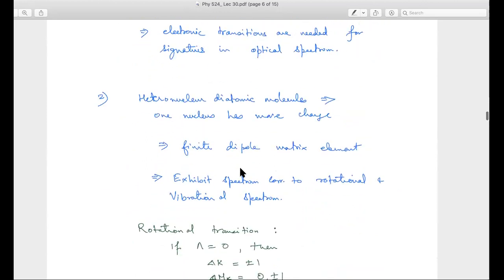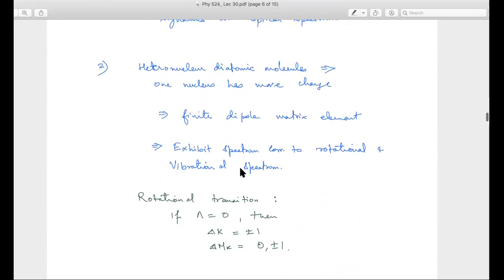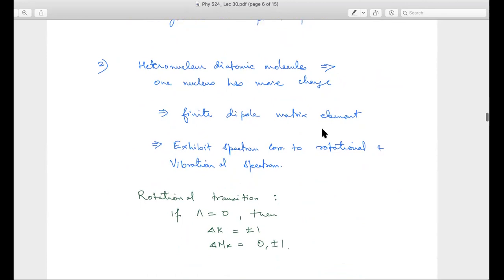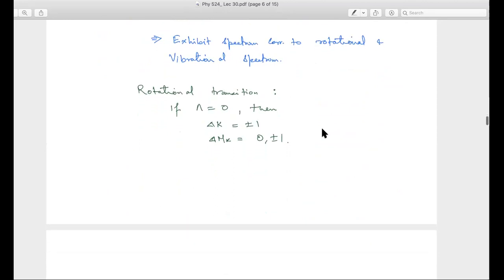But if you have heteronuclear diatomic molecules, such as carbon monoxide, CO, or CH, then you'll have a finite dipole matrix element, and you start getting a spectrum which corresponds to both rotational and vibrational degrees of freedom.